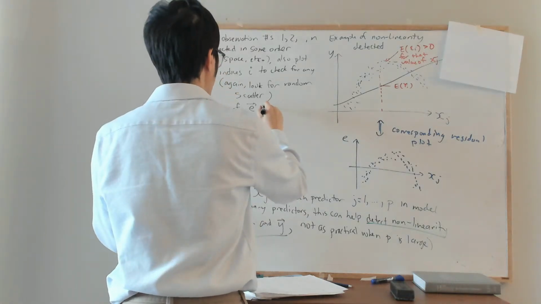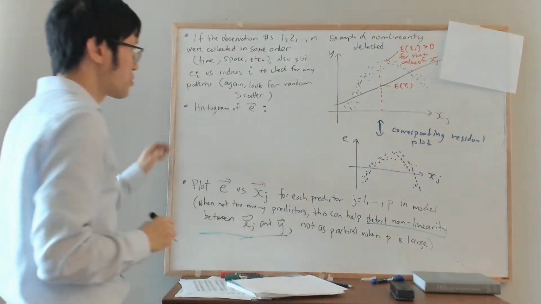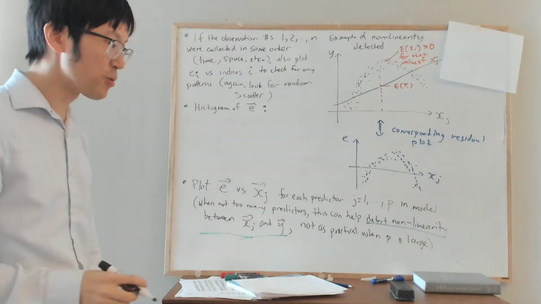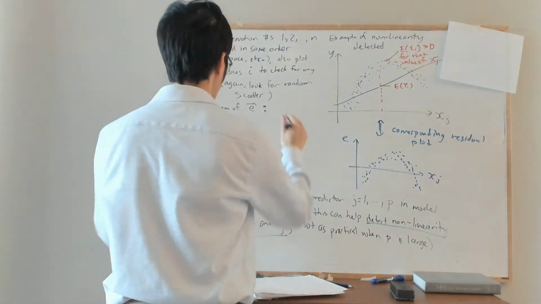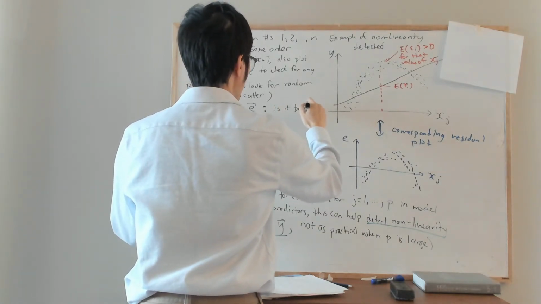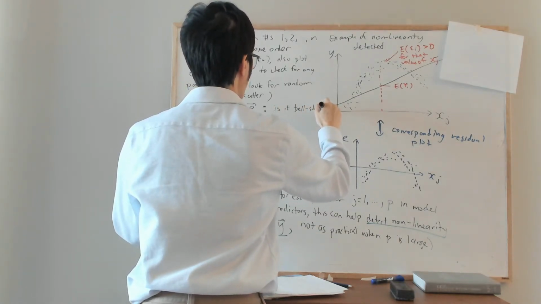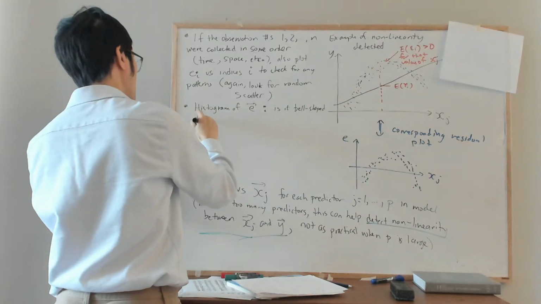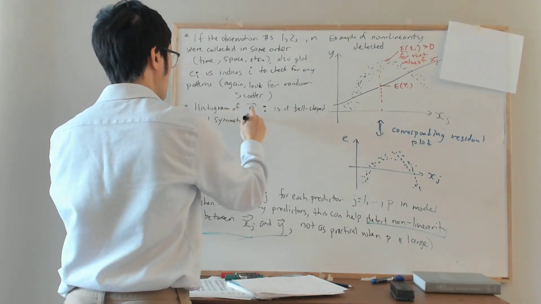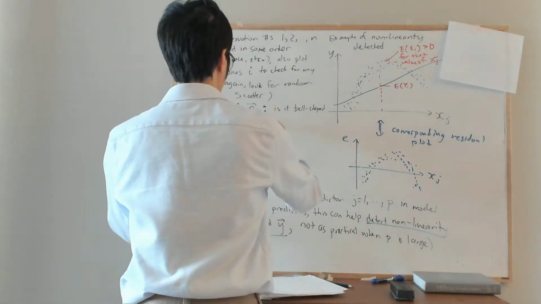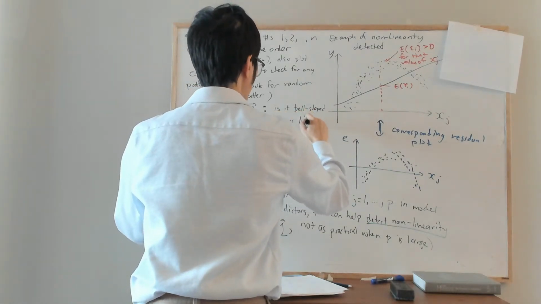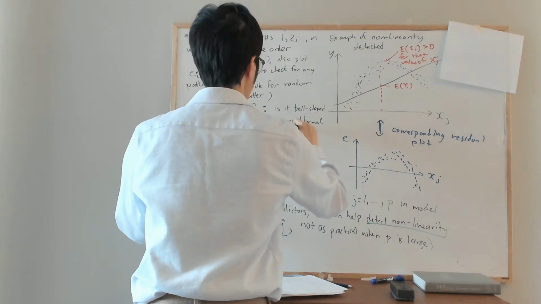They should be normally distributed, so at least the histogram should be consistent with a normal distribution. Is it bell-shaped? And symmetric, since we know a normal distribution is symmetric? This is to assess the normal assumption.